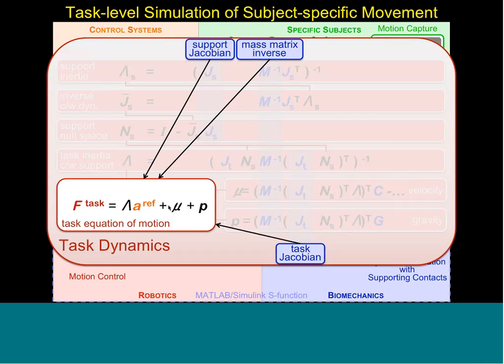Many of these matrices, such as the inertia matrices, the mass matrices, and the velocity and gravitational terms, you can actually get directly from the OpenSim API, with the nice work that Mike Sherman did. We have access to many of these matrices. We just need to do some algebra and add them together.